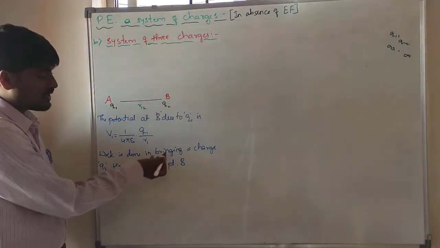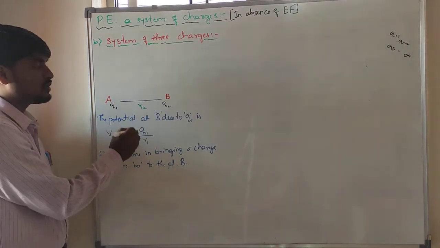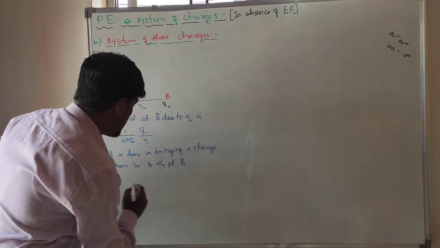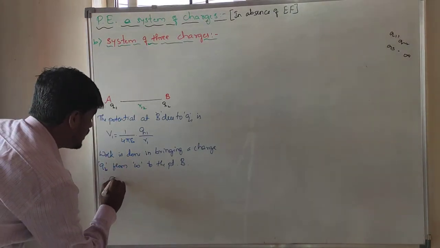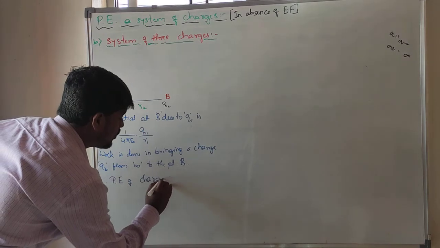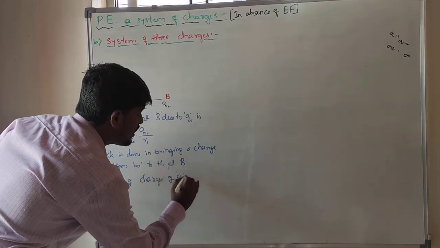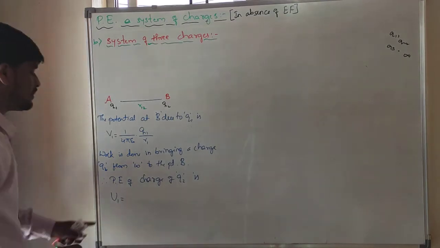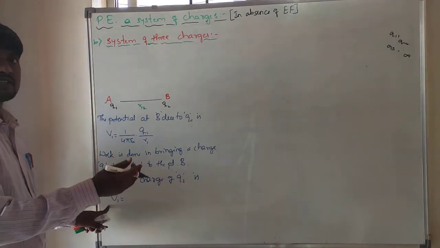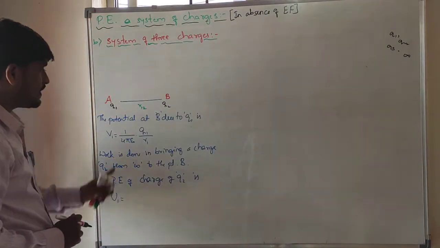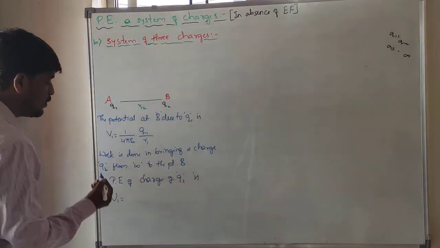Once work is done, this work done will be stored in the form of potential energy in the charge q2. Therefore, the potential energy of charge q2 is U1. Why am I writing U1? Because it is a system of charges and we have many potential energies. First it is only a system of two charges, so U1.